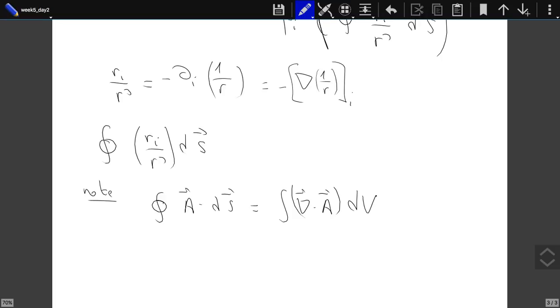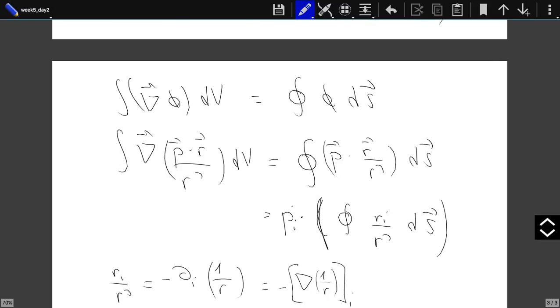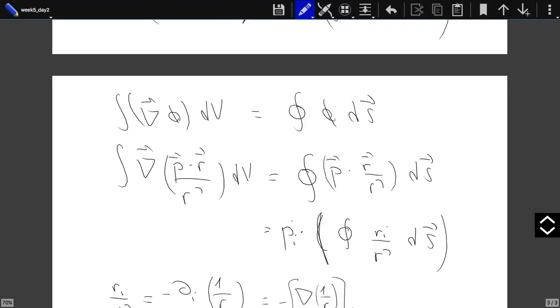This would have been nice, but we don't have that vector field taking the scalar product with S. So can we still do this? Let's see, can we use the previous one? Yeah, in fact we can.